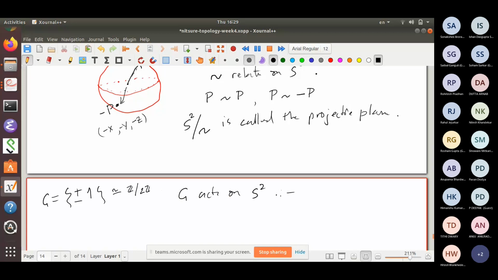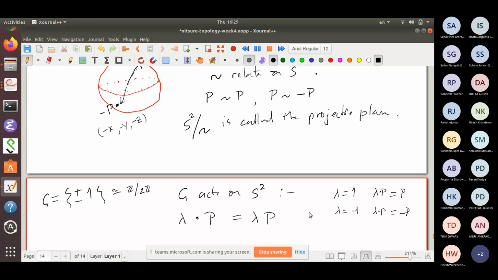How does G act on S2? Some element of G is lambda. Lambda is plus minus 1. The action of lambda on P is equal to lambda P. So if lambda is equal to 1, then lambda P is equal to P. If lambda equals minus 1, then lambda acting on P is minus P.